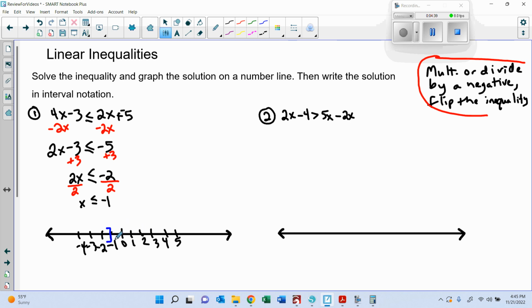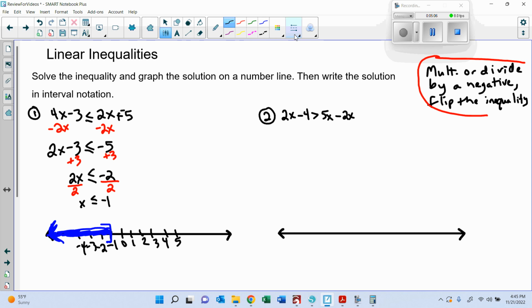So we put a bracket right on negative 1, not near negative 1, but right on that hash mark that's right there at negative 1. And then we shade to the left because less than is to the left. And then also shade the arrows to show that we're shading this whole thing. It continues to go this way. And again, this was a square bracket, because it's included.